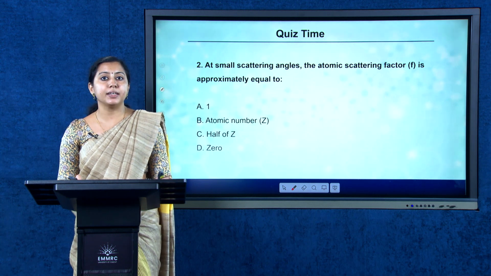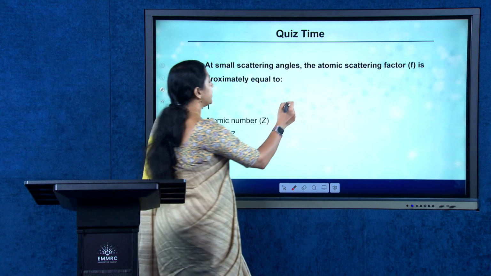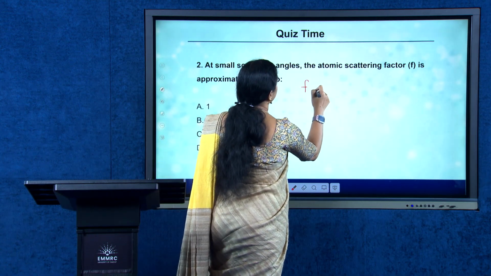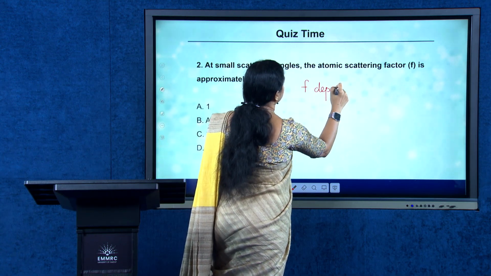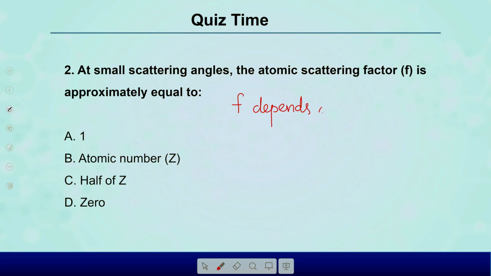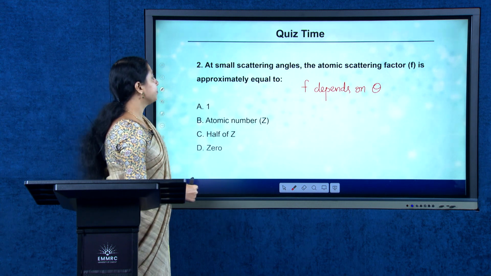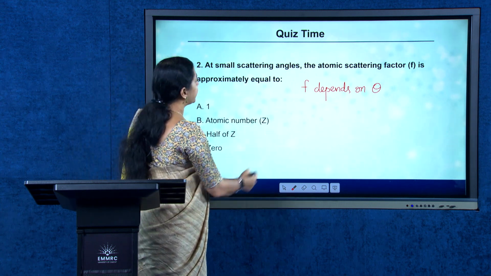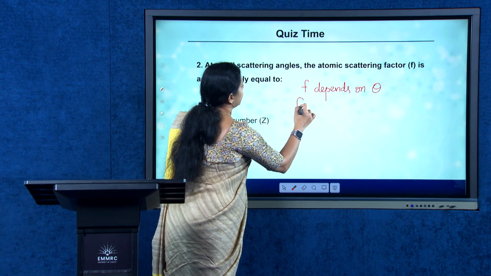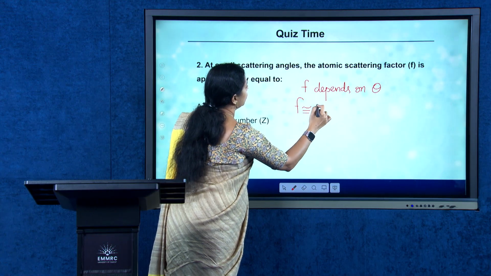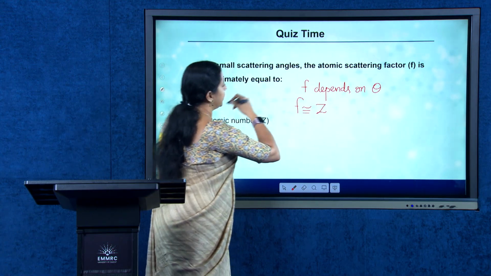We have seen that the atomic scattering factor depends upon the angle of scattering, that is theta. At small scattering angles, the scattering factor is approximately equal to the atomic number.